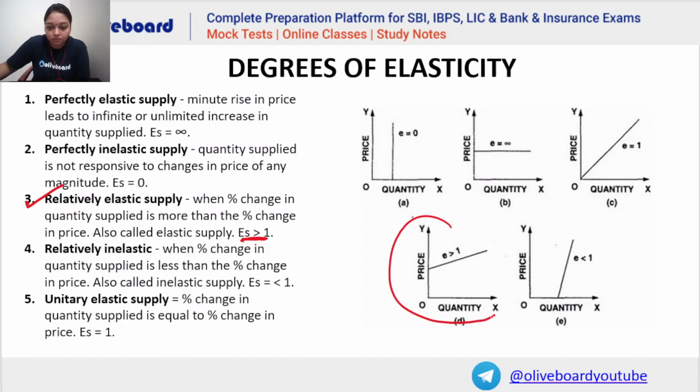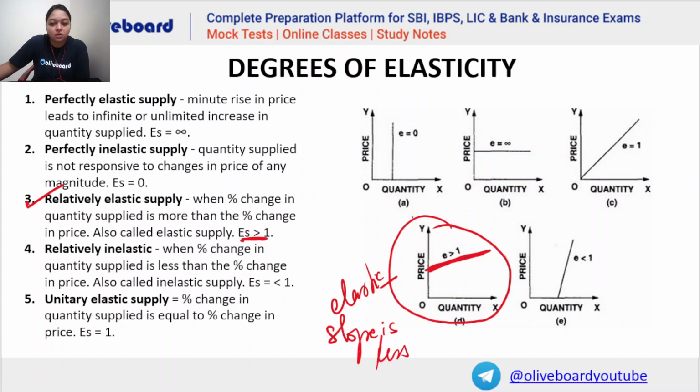This one is elastic. Can you see the supply curve is almost horizontal, but it's not. The slope is very less. So in elastic supply you can also write that slope is less, right? So this is elastic.